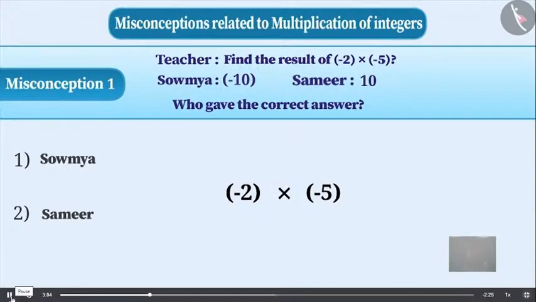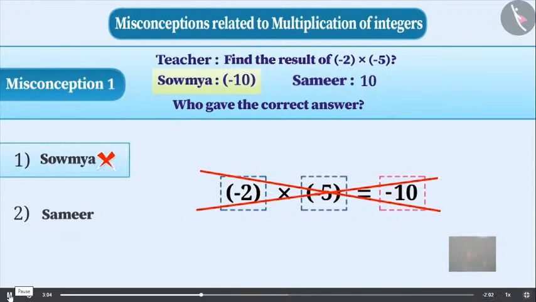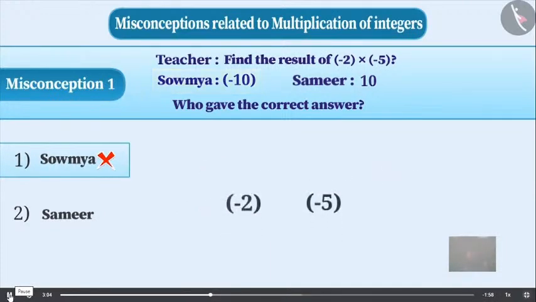Sometimes the concept of multiplication of two negative integers is not understood properly. Product is calculated ignoring the signs and the result 10 is obtained. But the concept is misunderstood as when two negative numbers are multiplied, the product is a negative number. With this understanding, a minus sign is included before 10. Therefore, Soumya's answer is incorrect.